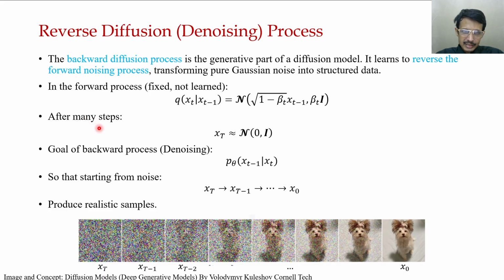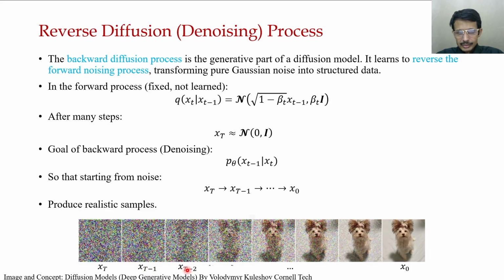So after many steps, we start from here in the forward process, and after many steps we get a pure Gaussian noise, very close to zero mean. Now the goal of the backward process of denoising is the process from xt, how can we get xt minus 1?